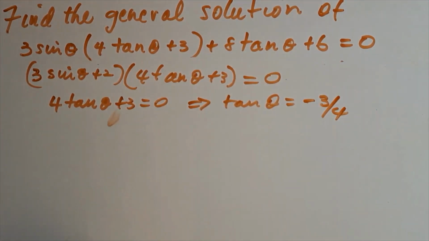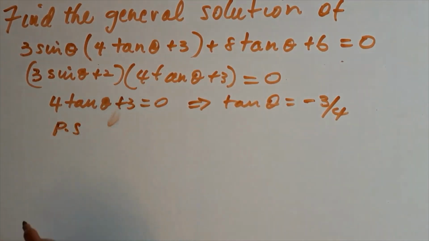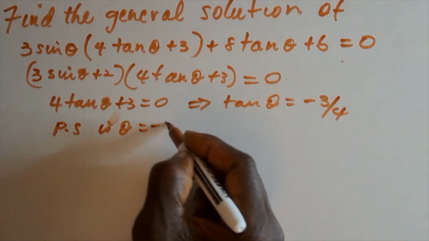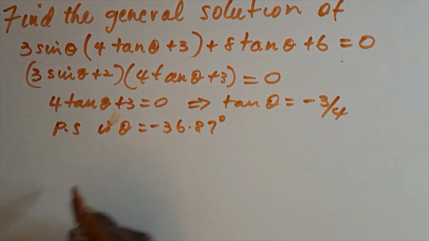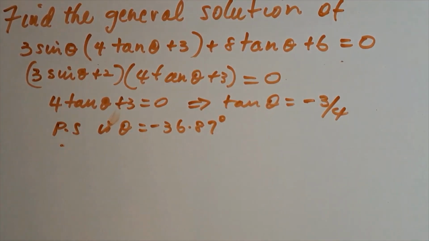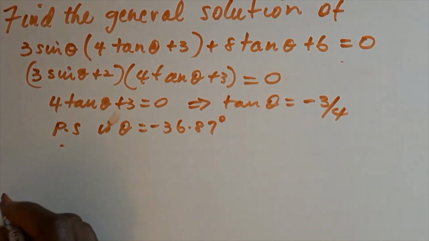Tan inverse of that will give us minus 36.87. So our principal solution is theta equal to minus 36.87 degrees. So for our general solution, note that we don't use the secondary value for the tan theta ratio.